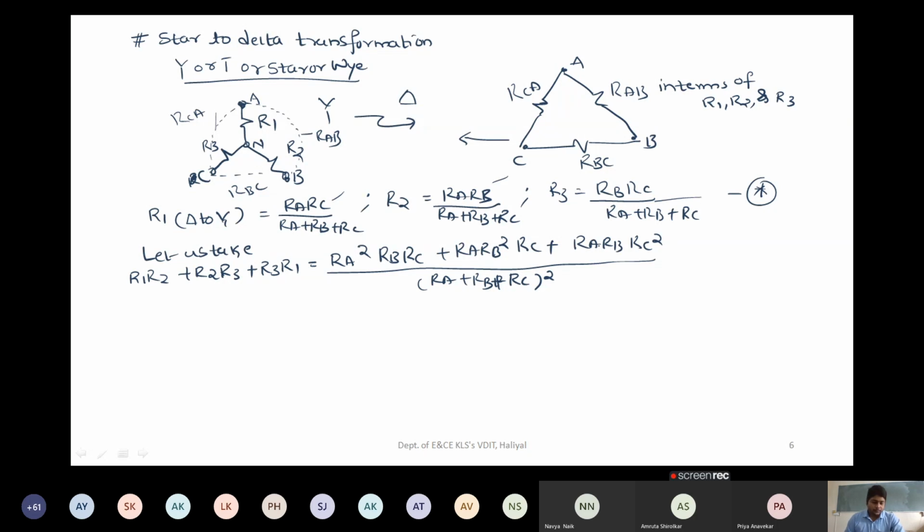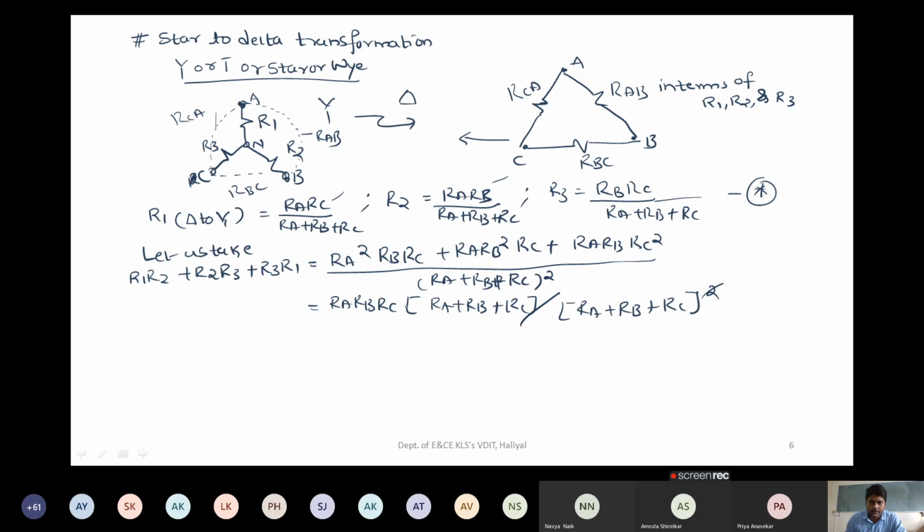If you observe here, you can take RA, RB and RC as common in the numerator. If I take that, I will be left with RA plus RB plus RC divided by RA plus RB plus RC whole square.